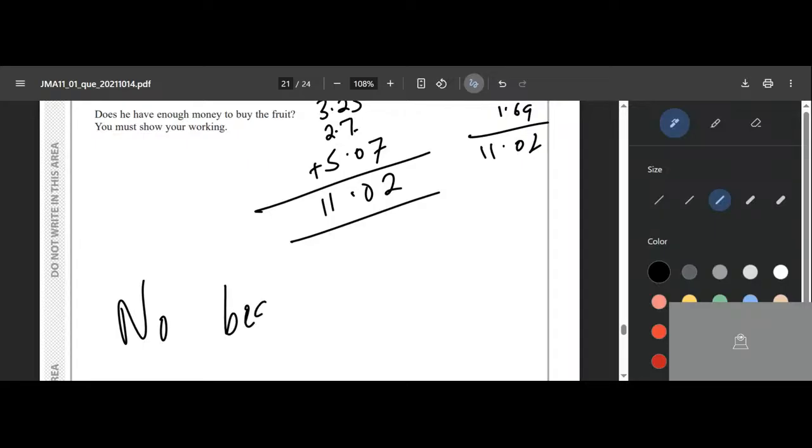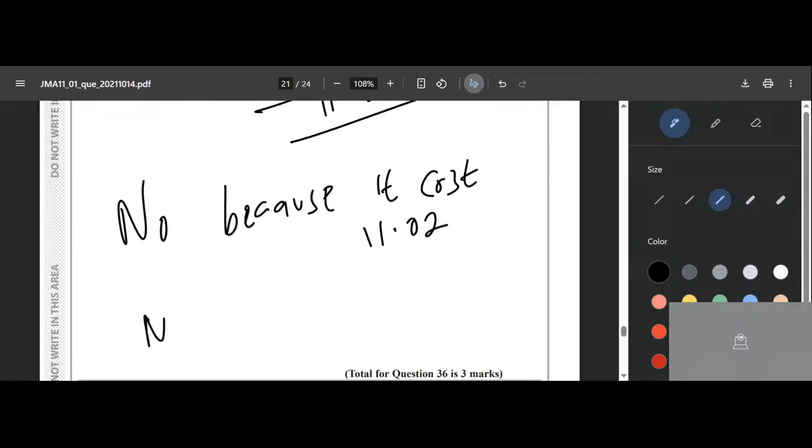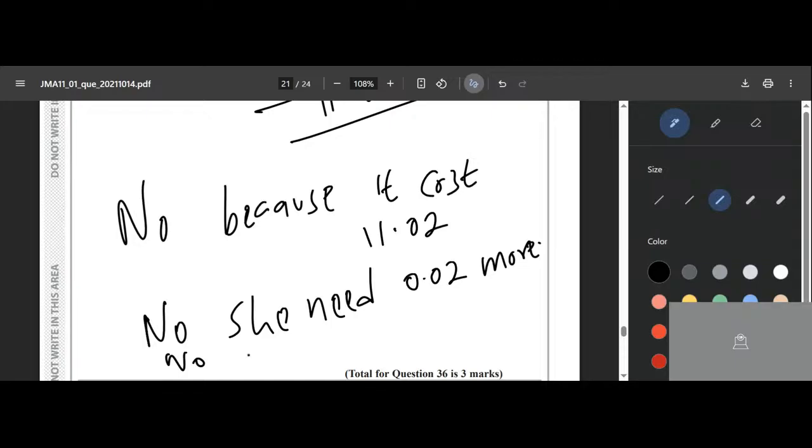because it costs 11.02. Or you can say no, she needs 0.02 more, or no, she is 0.02 less.